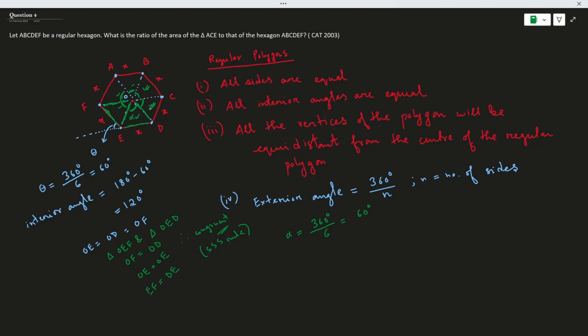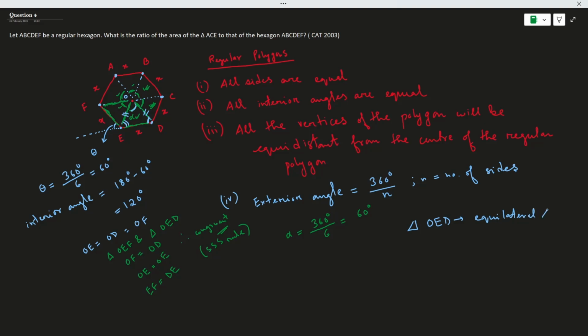Now I know that these two sides are equal. If these two sides are equal, the angles opposite to them will also be equal. And I already have one angle as 60 degrees. This angle alpha is 60 degrees. And these two angles are equal. That means triangle OED is an equilateral triangle.